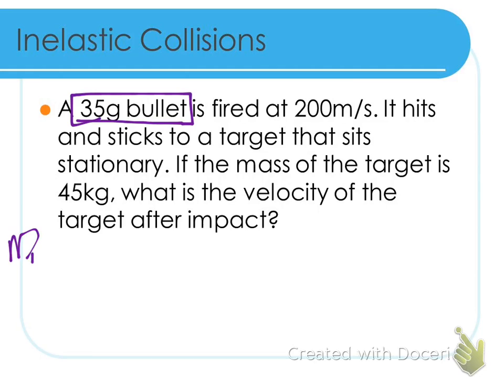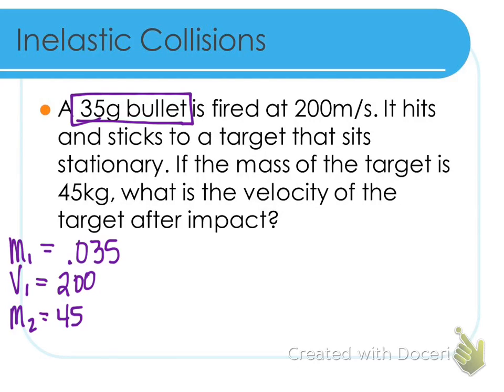So let's go ahead and start our variables here. 35 grams is 0.035 kilograms. Velocity of our bullet is 200. Second object, which is our target, is 45. V sub 2 before our collision is 0 because it's initially at rest, sits stationary.